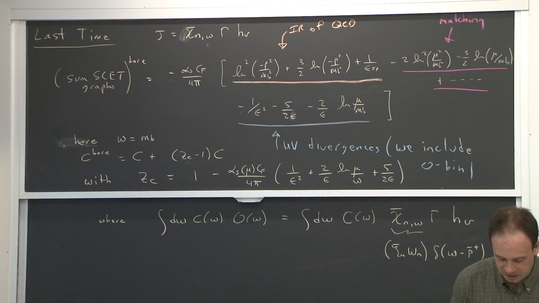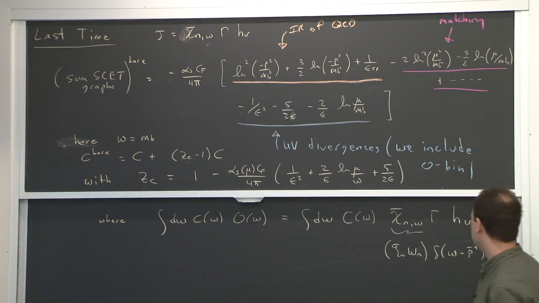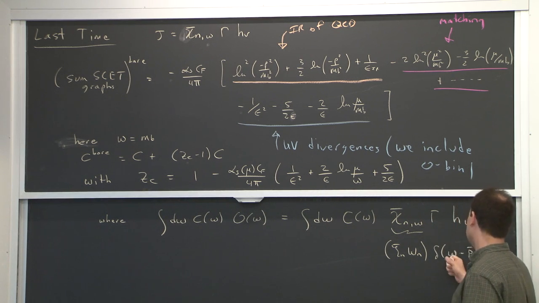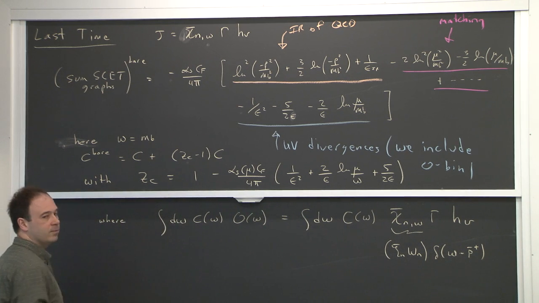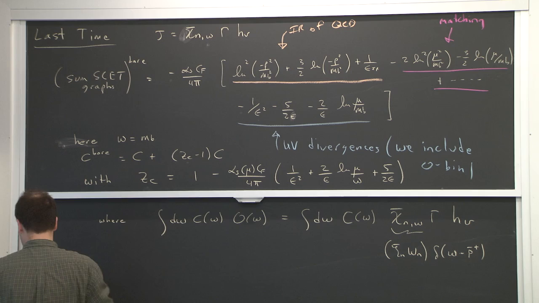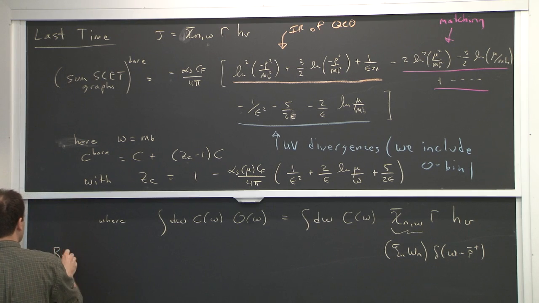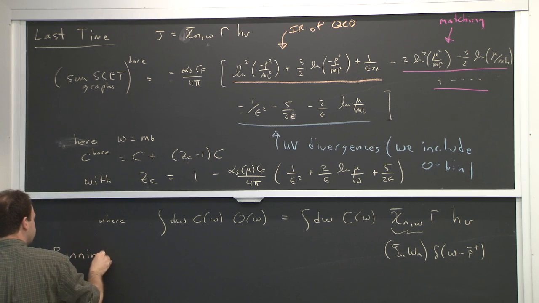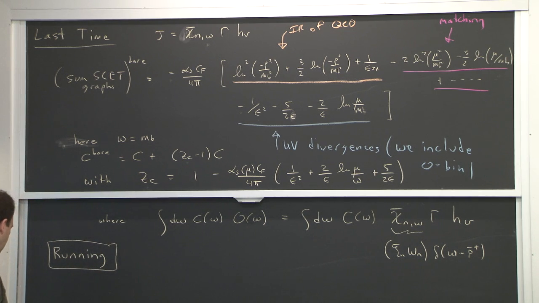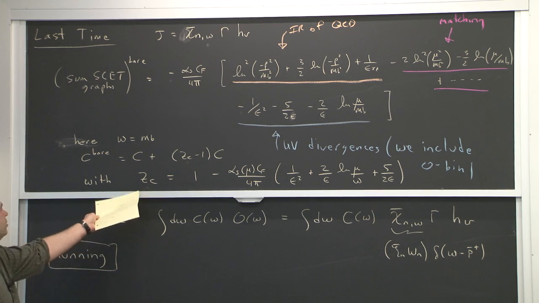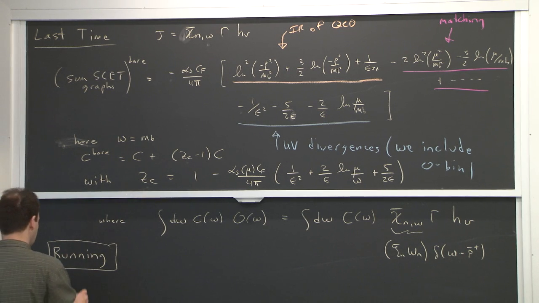So basically what I'm saying when I say omega is equal to mb is that this delta function becomes delta of omega minus mb. I'll come back to that. OK, so if we have a counter term like that, then we can do running. So we'll come back to this example. Let me first make a few general comments, and then we'll come back and see where this Z leads us.